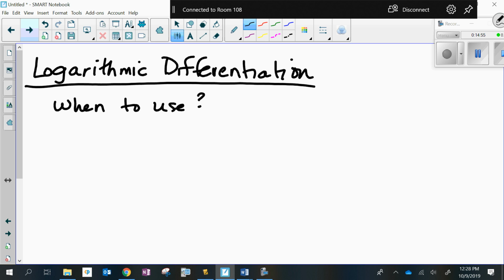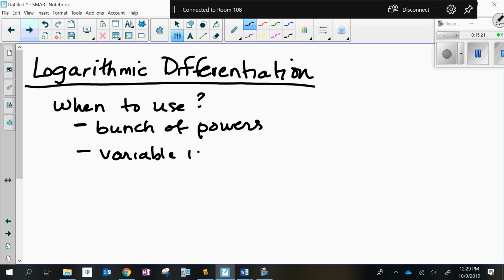Okay, when we have, this is not very scientific, a bunch of powers. It would be helpful because we can subtract instead of multiply or divide, and we can add instead of multiply. And also when we have our variable in the base of an exponent and the exponent.